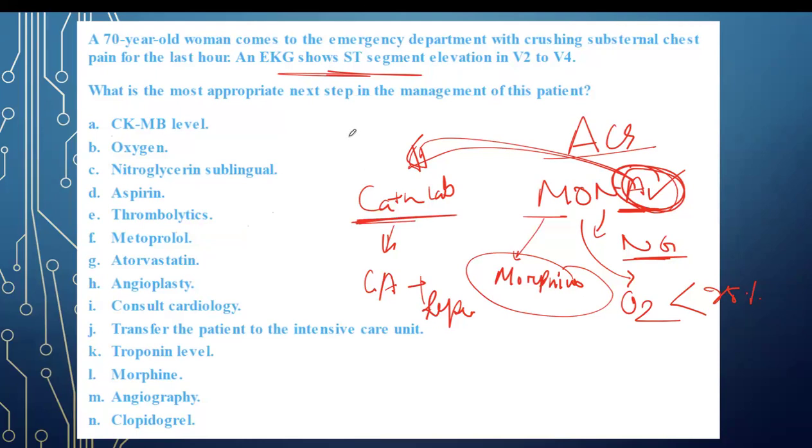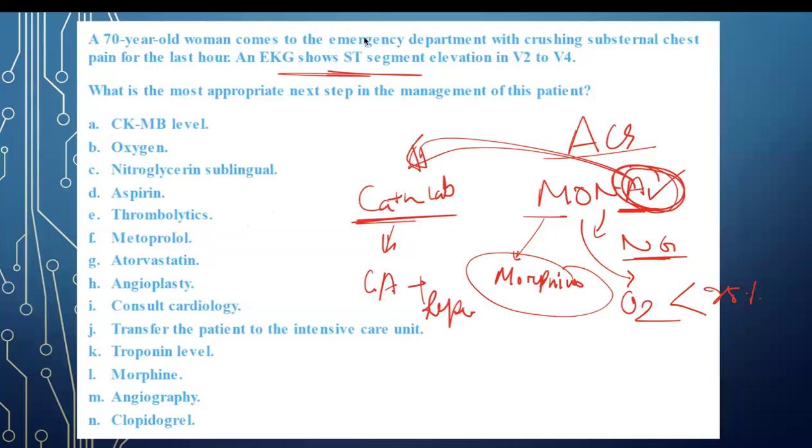Optimal is 60 minutes, but highest 90 minutes. So within 90 minutes, the patient needs to be in the catheter lab if that patient has an ST elevated MI.